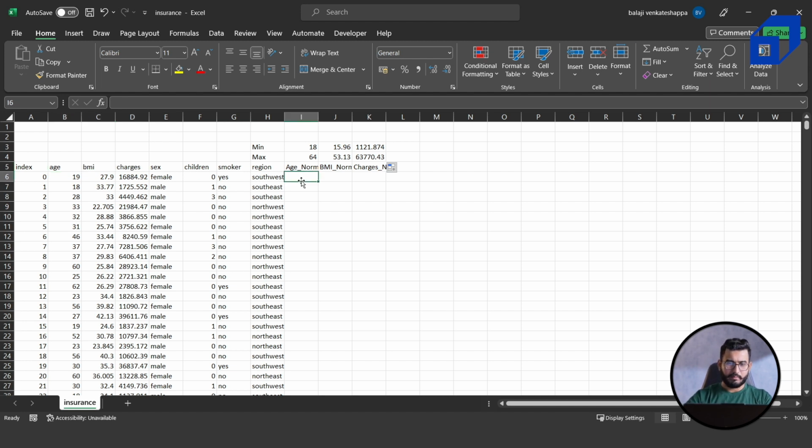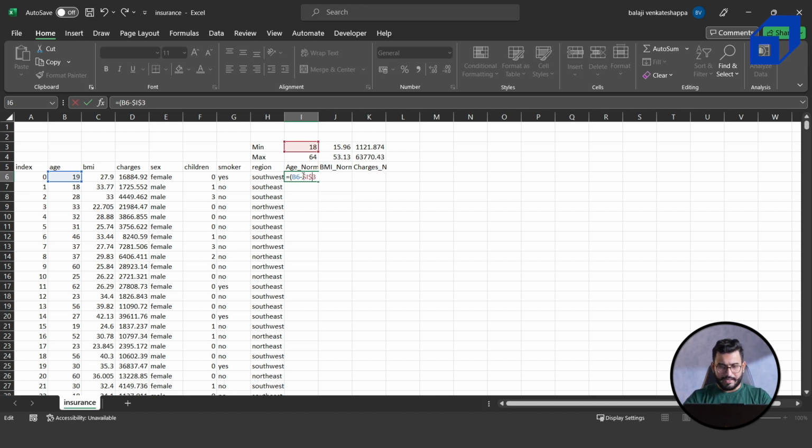Now let's apply the formula: is equal to x, which is this value I want to convert, minus minimum. So I'll just freeze this value, so I will put a dollar. x minus min divided by max minus min.